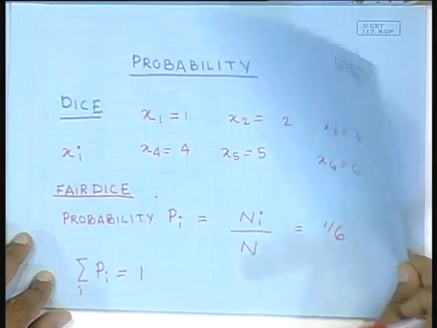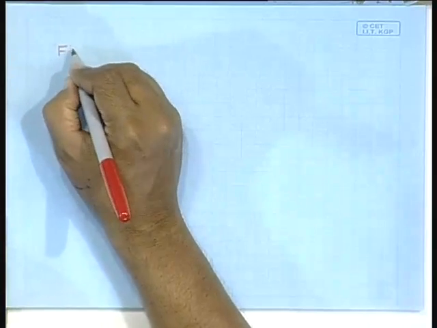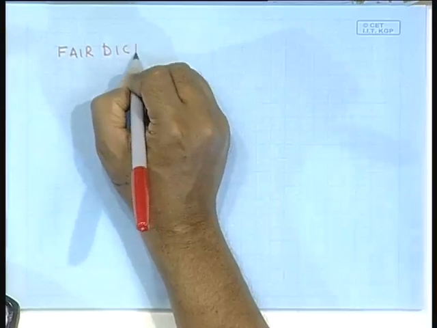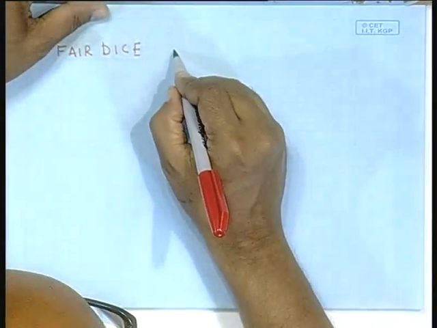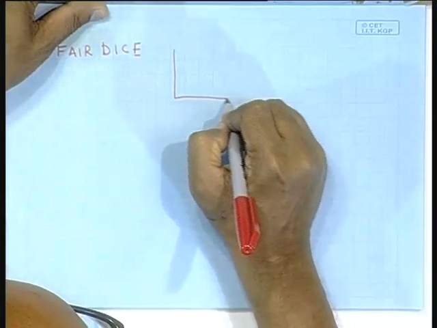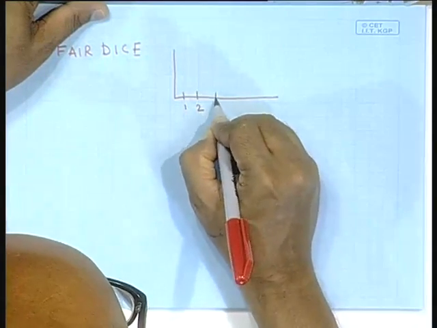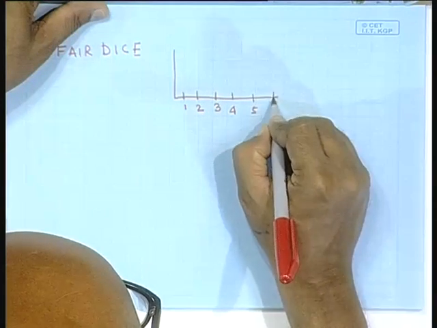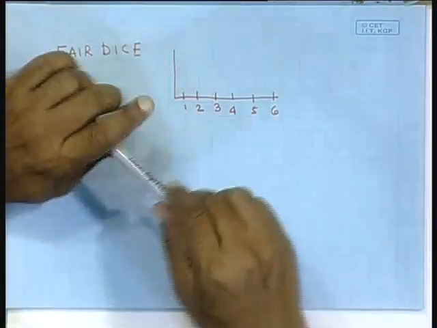So, we can also draw this probability distribution. Let me draw it here. This is for a fair dice. These are the different values 1, 2, 3, 4, 5 and 6, and each of them has a probability 1/6.